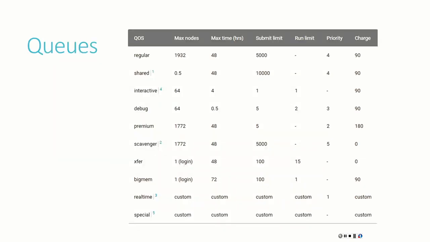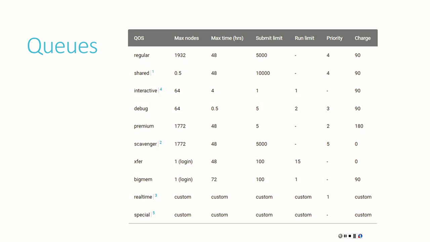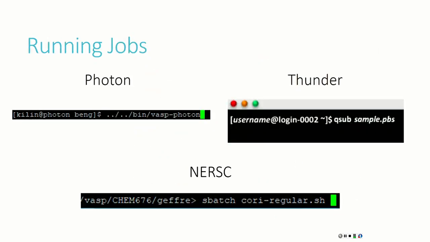Okay, good. And the sbatch minus n1, should it always be 1, or can you change this number? Well, I'll get to that in tips. But yes, so running jobs, you can run on Photon, which I don't really recommend, but for the sake of completeness, you simply run VASP in the folder that you have all your files.